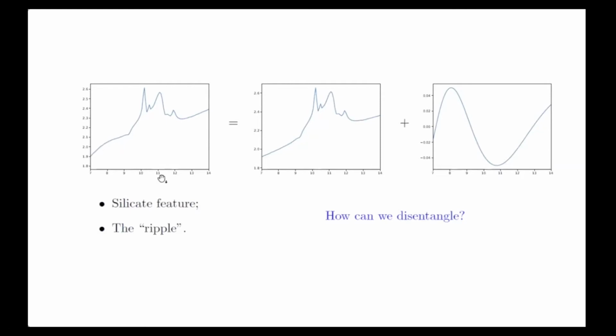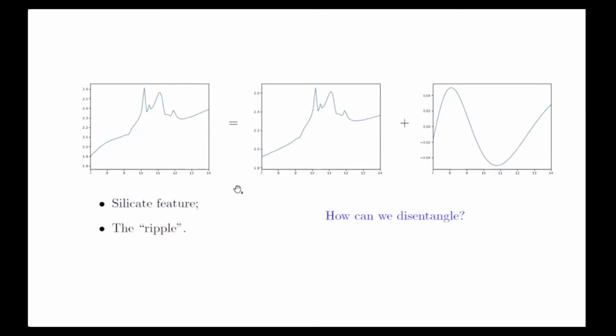Maybe not, but actually it is there. So this overall correlated spectrum is a sum of these two parts: the contribution from the primary system, which has a silicate feature, and a weak ripple signal caused by the companion. I enlarged it. So the ripple signal is hidden in this spectrum.